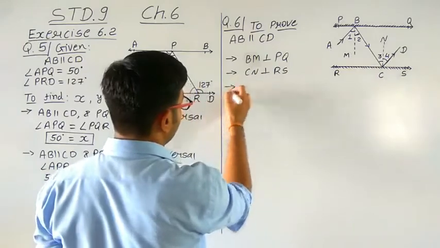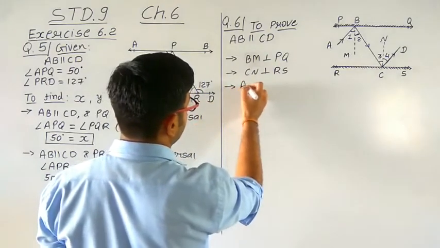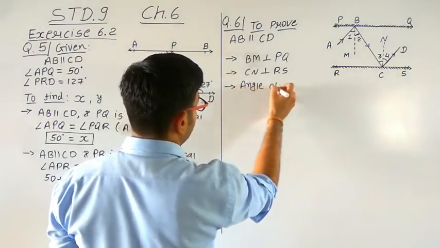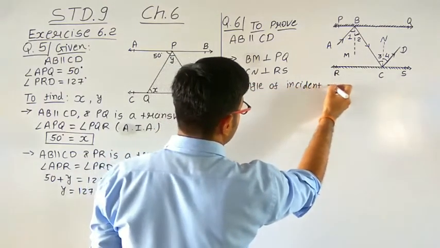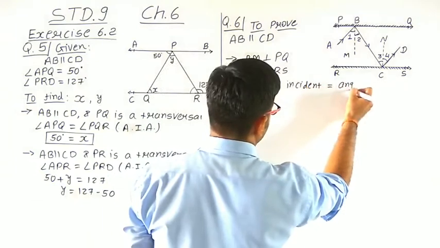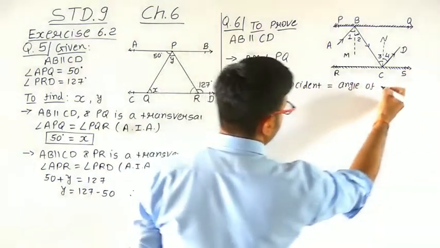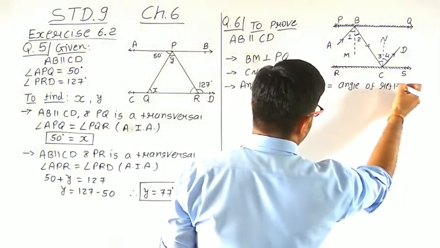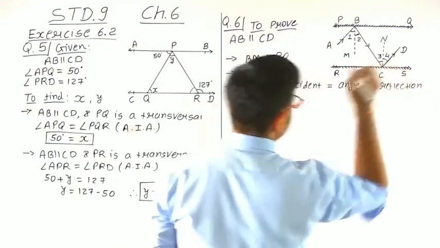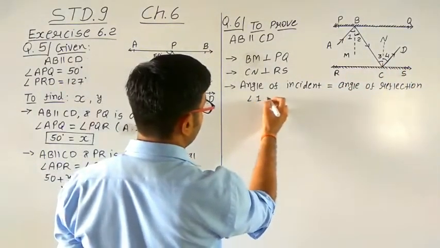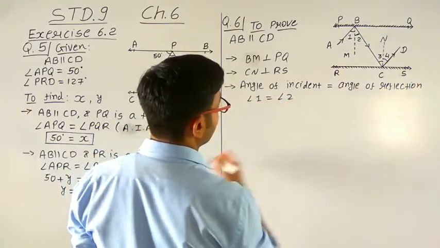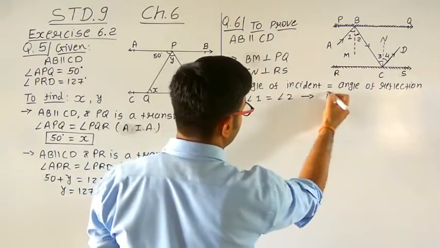Now we can write down that the angle of incidence is equal to the angle of reflection. So here we can write that angle 1 is equal to angle 2. Give it equation number 1.